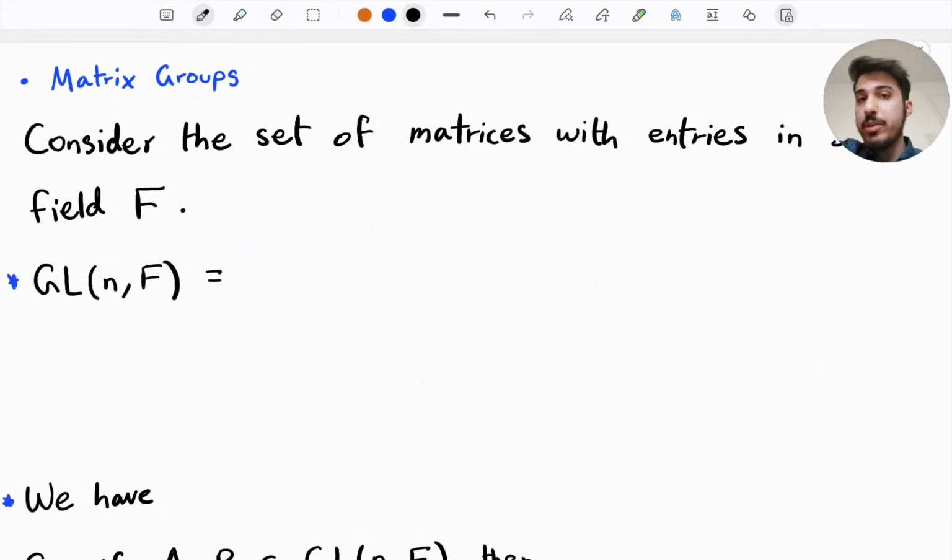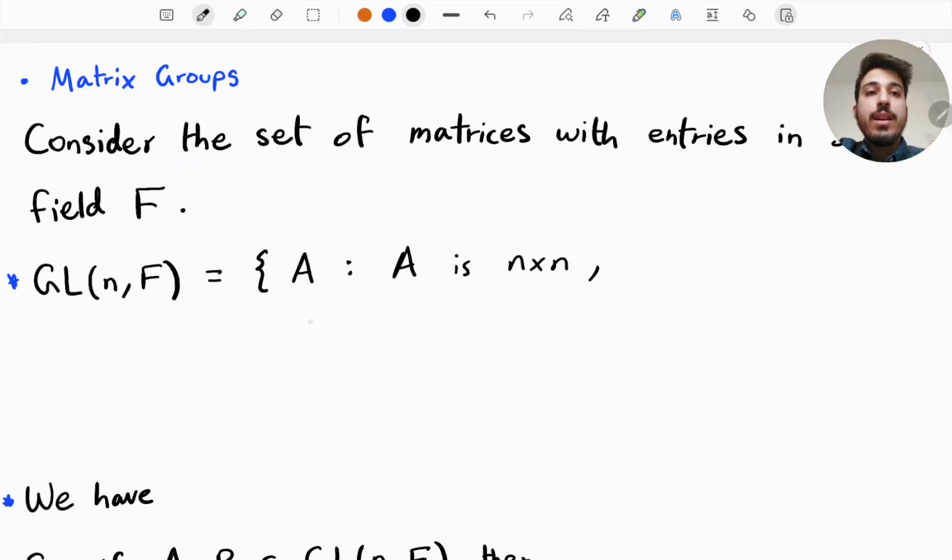Now that we have completed our discussion on fields, we can use fields to fill out matrices. So consider the set of matrices with entries in some field F. We define GL_n(F) to be the set containing all the matrices A such that A is n by n, the dimensions are n by n.